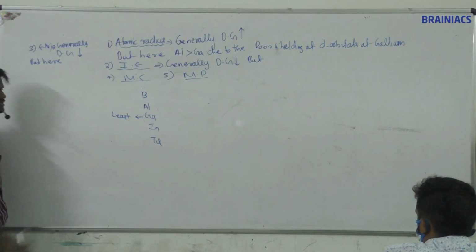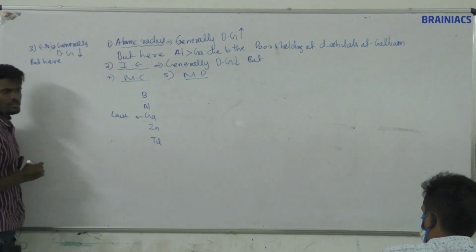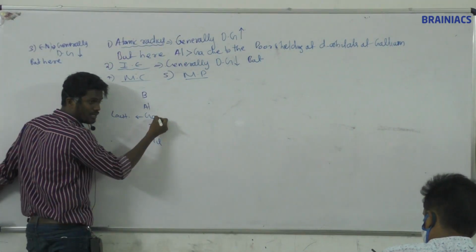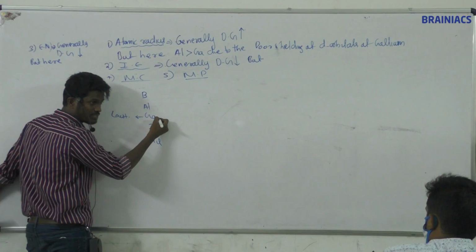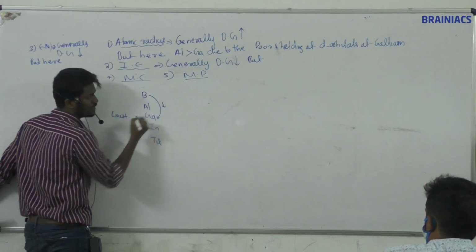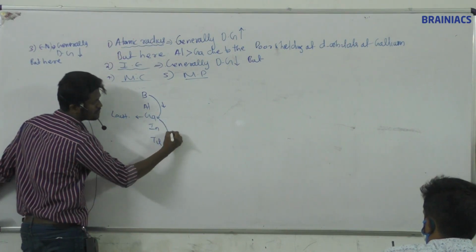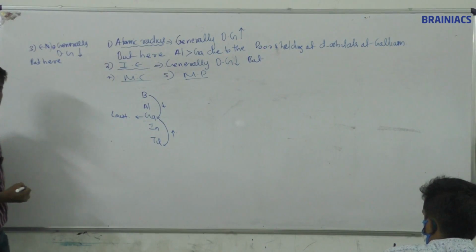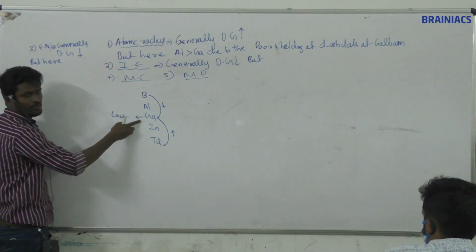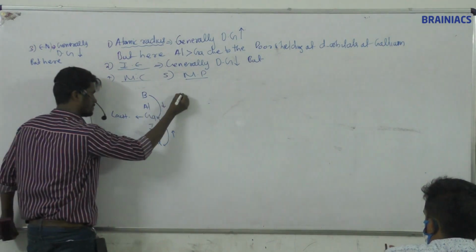Gallium has the lowest melting point. So from boron to gallium, does it decrease or increase? It decreases. The lowest melting point is gallium, and the highest melting point is boron. Okay, good.